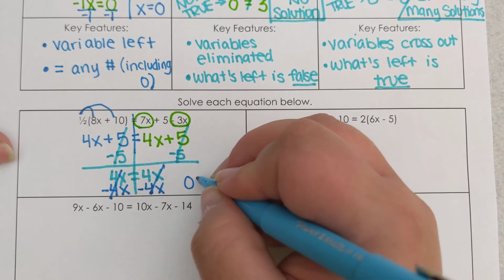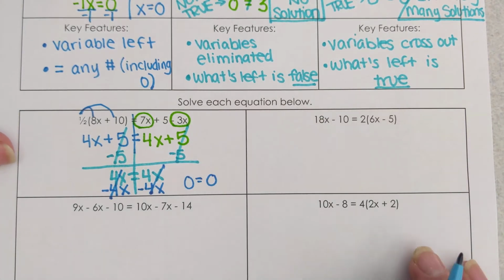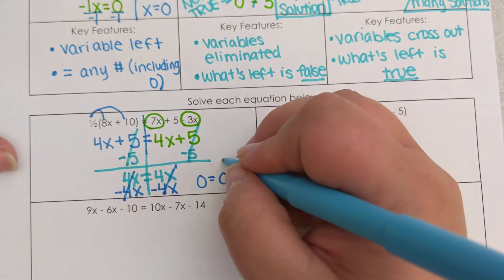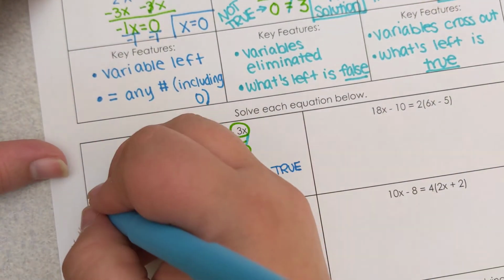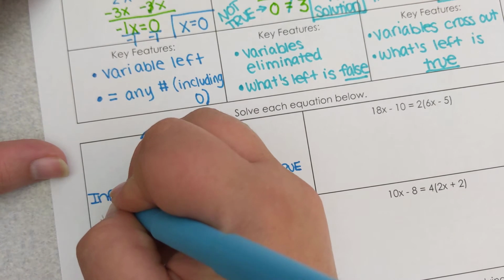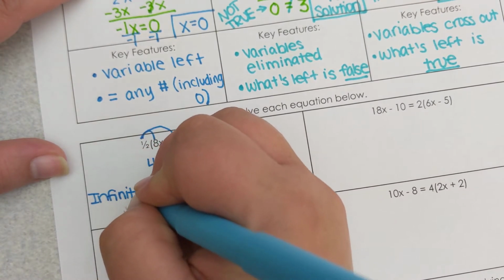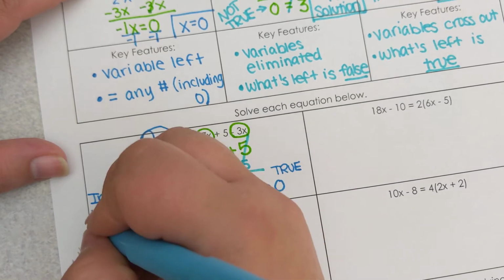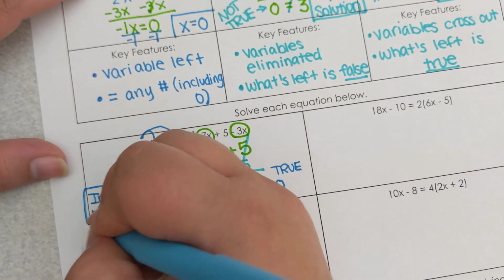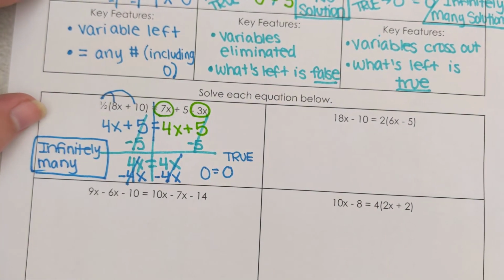So what I have left is 0 equals 0. And since this is true, we have infinitely many solutions. And I'm going to go ahead and write that over here. I'm just going to write infinitely many for that one.